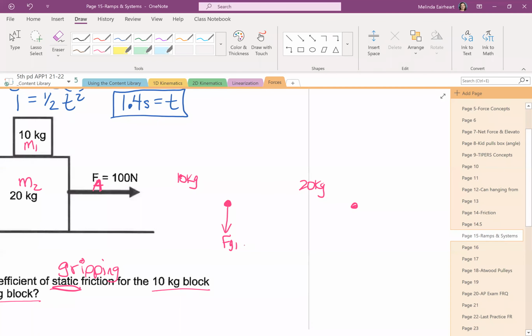There's a normal, but I'm going to get detailed here because it's not with the floor. We tend to just put normal forces for floors or tables, not other blocks, but it's still a surface, right? How big should I draw that normal force? When you push on the bottom block, is anybody going to have vertical motion?